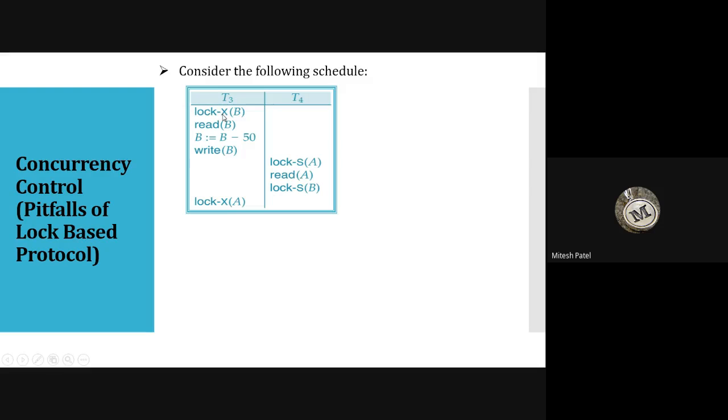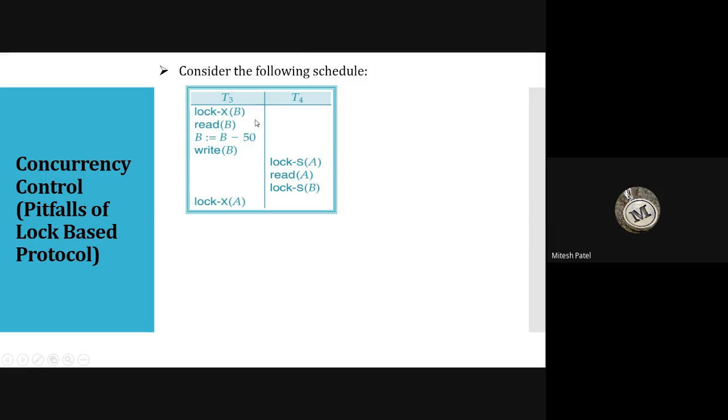As you know, lock X means exclusive lock, and lock S means shared lock. Exclusive mode means read and write both. Shared lock means only read. So in the T3 transaction, first there is lock X on data item B. Once we get the lock on that data item, another transaction cannot get that lock until the previous one releases it.